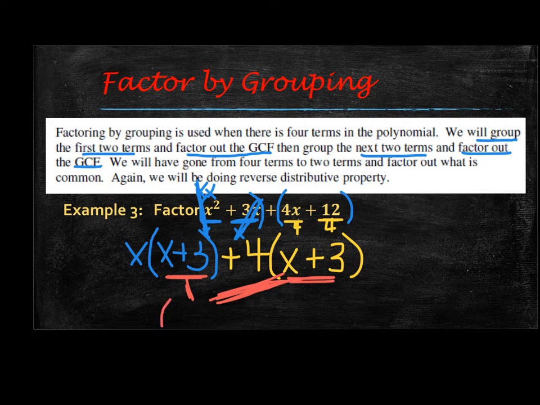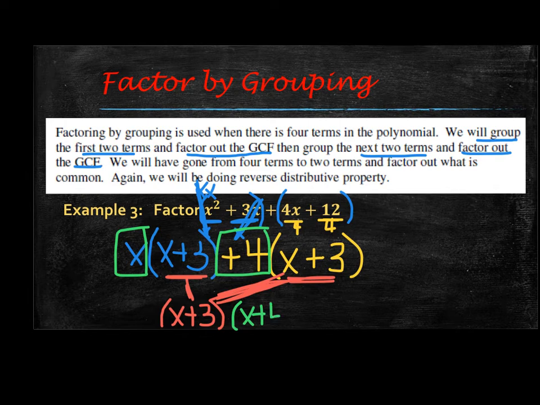That's what should happen if you did it correctly. So we're going to take out what they have in common, x plus 3, and then we're going to leave what was on the outside. But that's going to be our second parenthesis. So now we can see that our factors are x plus 3 times x plus 4.